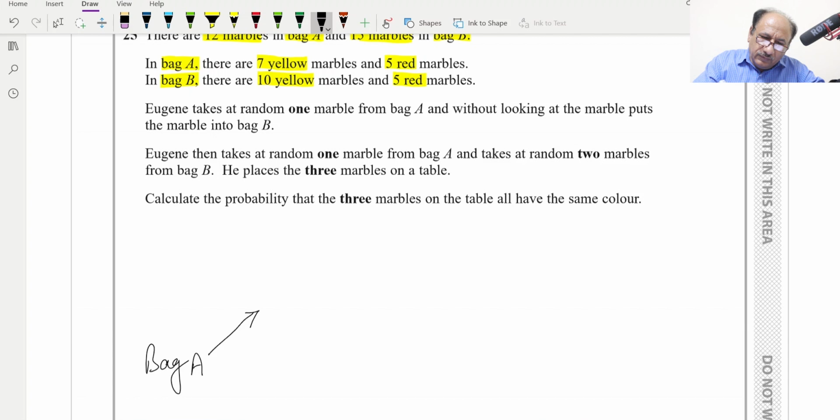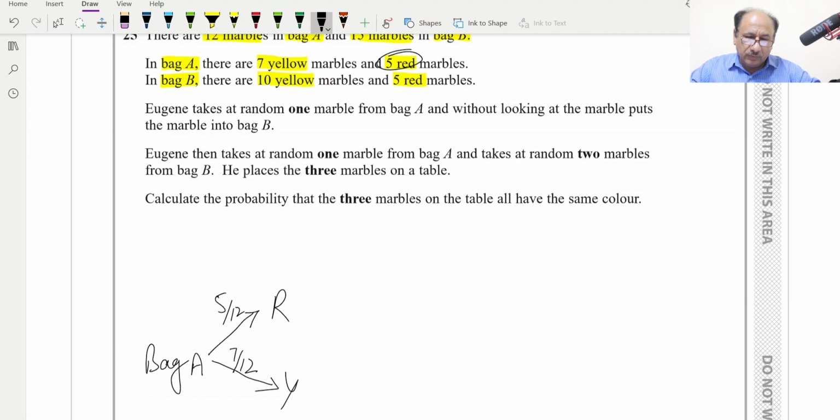Out of 12, 5 are red, so this side is red and this side is yellow. So red are 5 by 12, we can write red over here and yellow over here. So probability for this one will be 5 out of 12, and this will be 7 out of 12. This will be the probability.